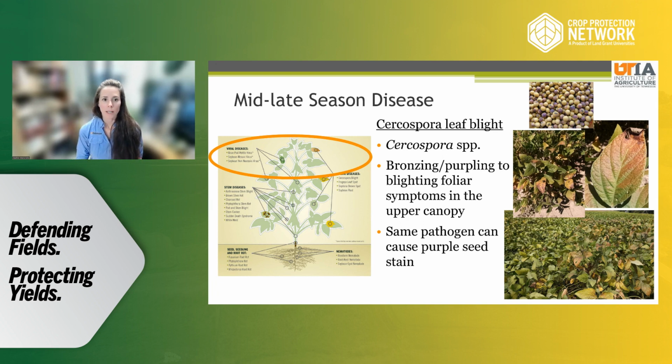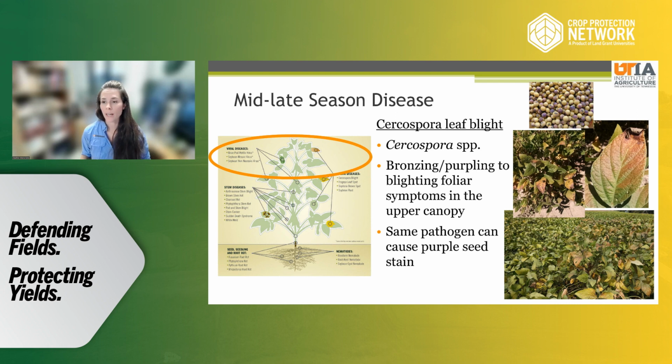So, being mid to late season diseases, we have Cercospora leaf blight. And depending on where you are in the South, how big of an importance this plays each season in soybean varies. It is a disease that you're going to notice first in the upper canopy.